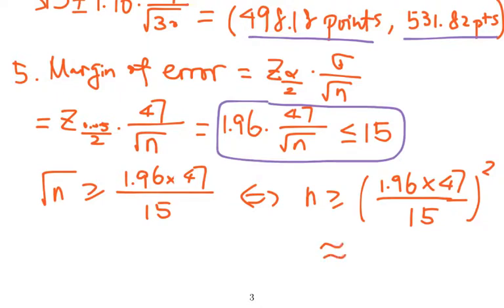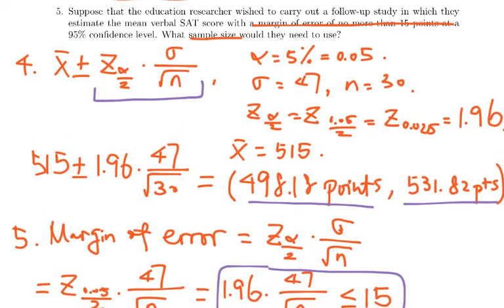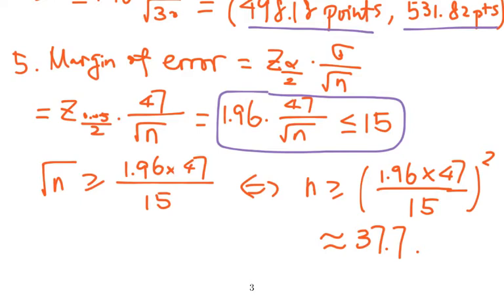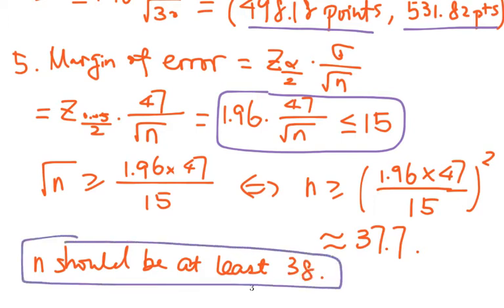This part is about 37.7, so n must be greater than or equal to 37.7. But n is the number of students, so it has to be a whole number. So n should be at least 38. This will be the final result of this problem.